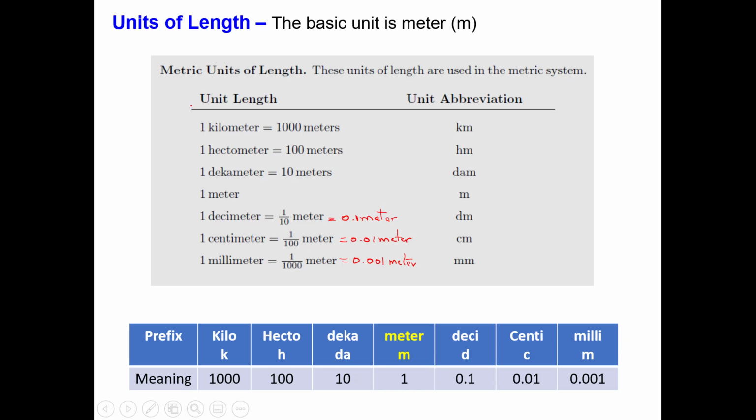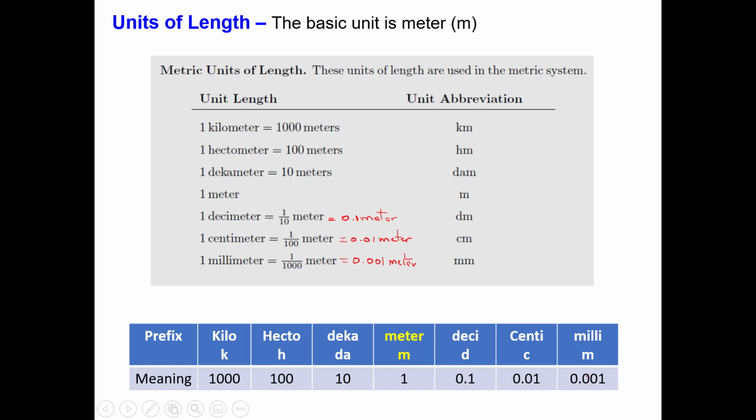We can abbreviate this in the table at the bottom part of the page. We can write the same thing we had here in this table. You see, in the middle we have the basic unit: 1 meter is the basic unit for length. Then 1 kilometer equals 1,000 meters. 1 hectometer equals 100 meters. 1 decameter equals 10 meters. 1 decimeter equals 0.1 meter. 1 centimeter equals 0.01 meter.